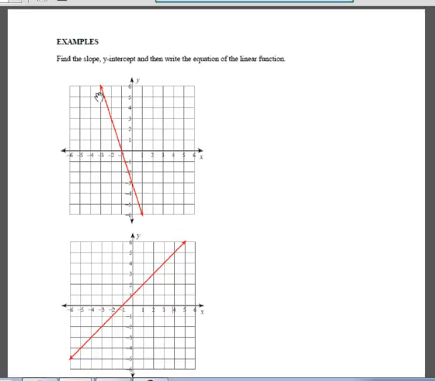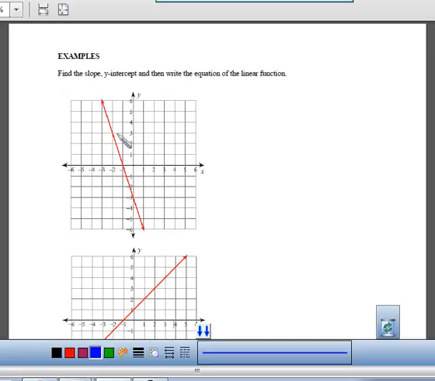So, the first one, find the slope, y-intercept, and then write the equation of the linear function. So, we have our graph, and again, you can just use the graph if you want to tell you what the slope is.